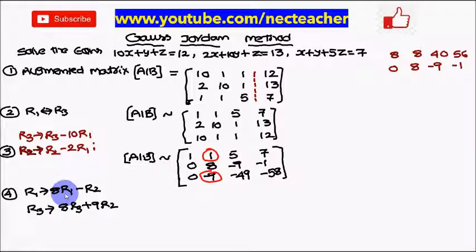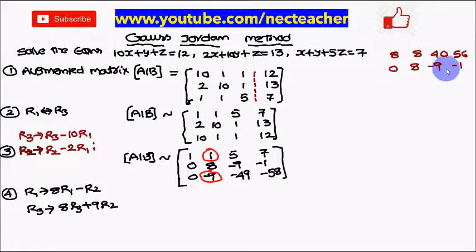8 times R1 means you multiply the first row by 8: 8, 8, 40, 56. That I have written here. Next, R2 is 0, 8, minus 9, minus 1.